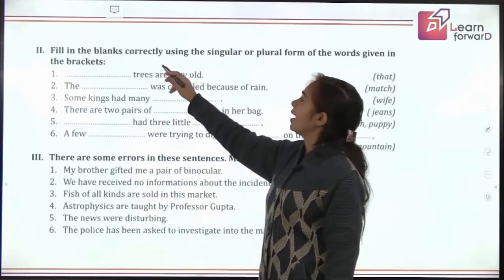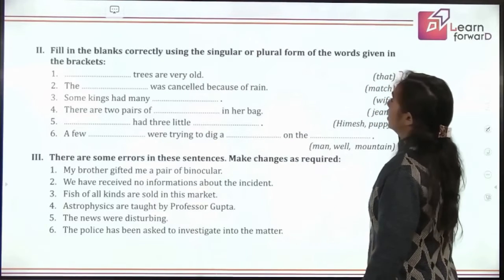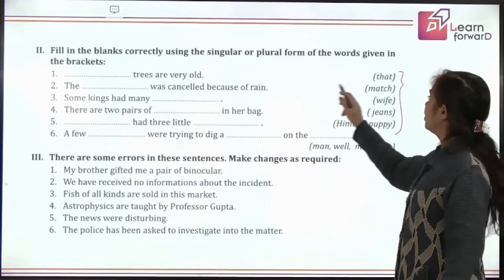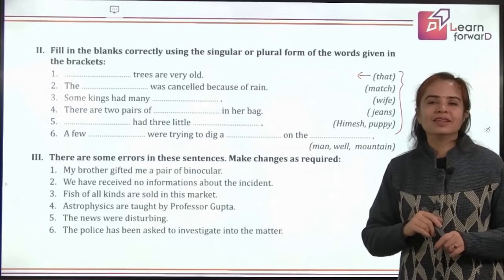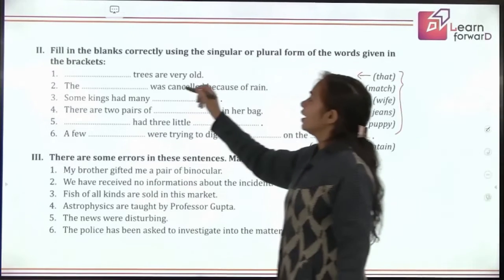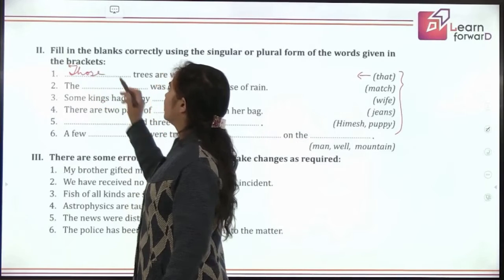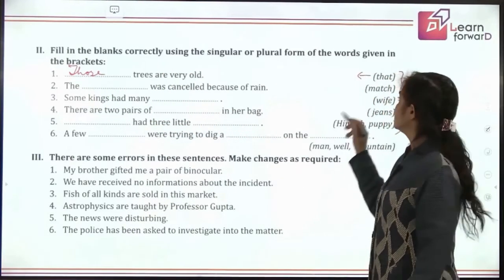Fill in the blanks correctly using the singular or plural form of the words given in the brackets. So, trees are very old. You have to use the plural form of that. Do you remember from pronouns? Good. The plural of that is those and it's the beginning, so you will be starting with a capital letter. The dash was cancelled because of rain. What was cancelled?